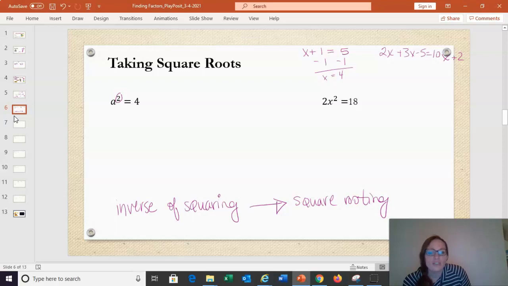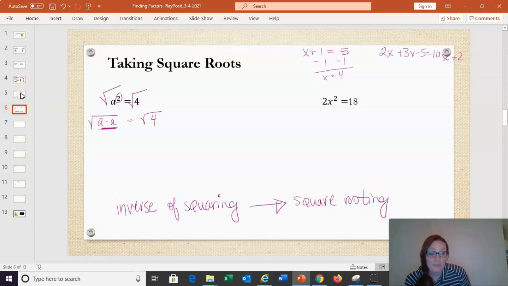So we can do this inverse operation just like we do with addition and subtraction and multiplication and division. We can just take the square root of both sides. Remember, when we're taking the square root, we're looking for pairs of things. So this a squared is the same as a times a, right? What is the square root of a times a? We found a pair.